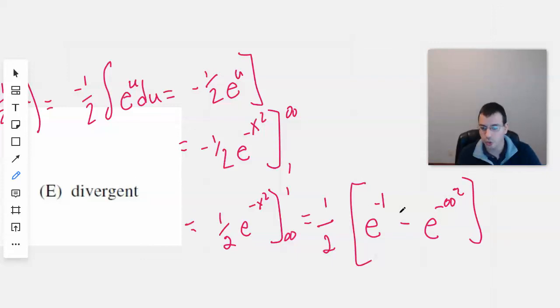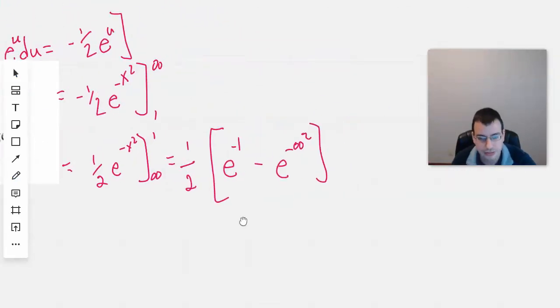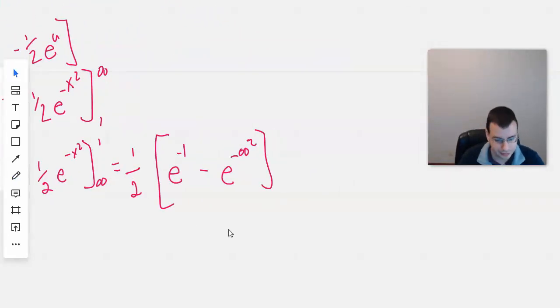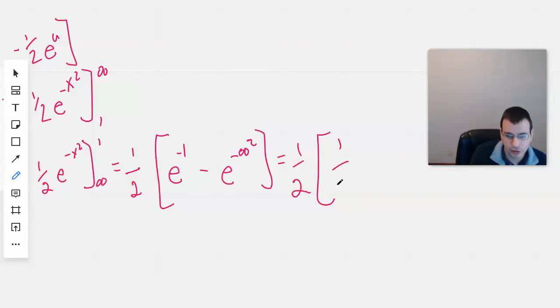So this is the same as, a little bit further over, equals 1/2 times 1 over e minus 1 over e to infinity squared.